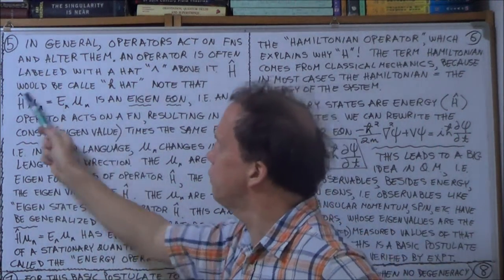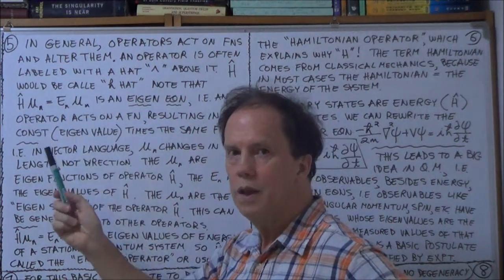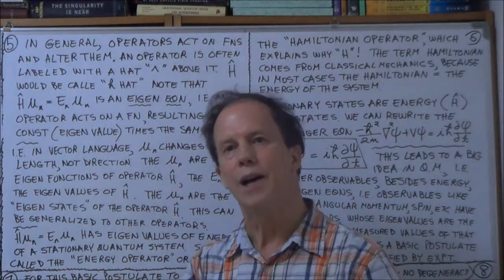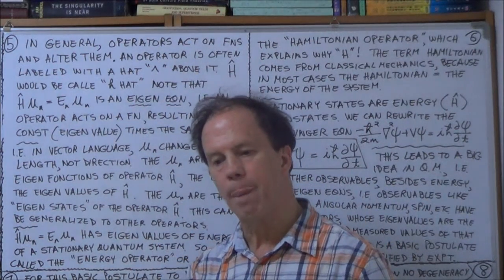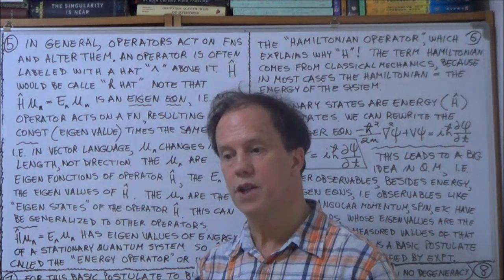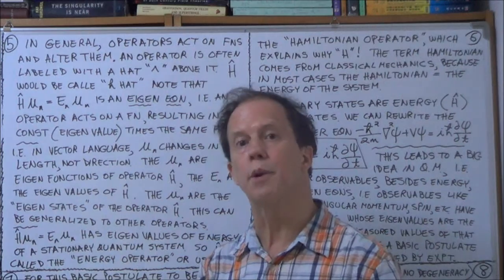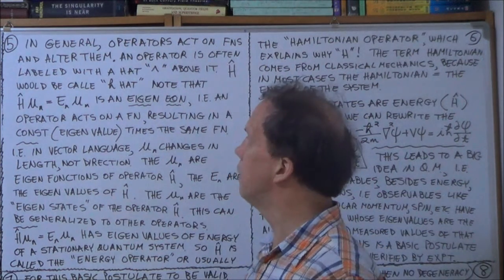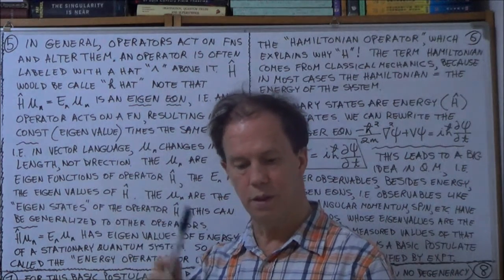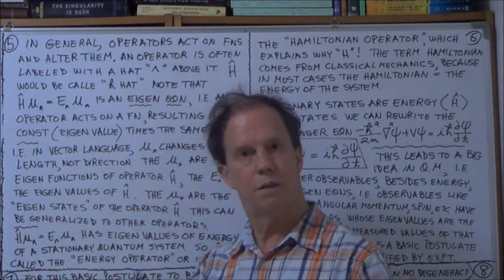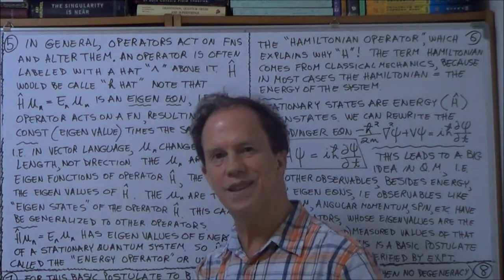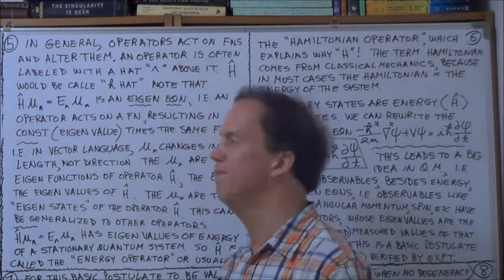So you can solve an eigenequation, and the eigenvalues become the allowed values that you measure when you measure the observable. And it's true for angular momentum, position, spin, energy, and so on. It's a really core, basic, important idea.